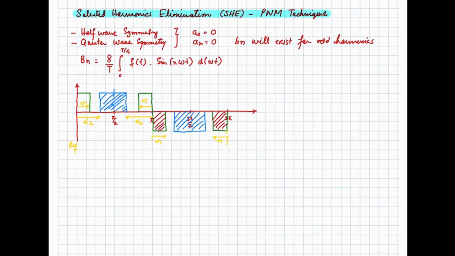And if we look at the angle for the center point, let's suppose this is alpha 2, so then this will also be alpha 2, and these angles are exactly the same as what we have in the first quarter cycle.